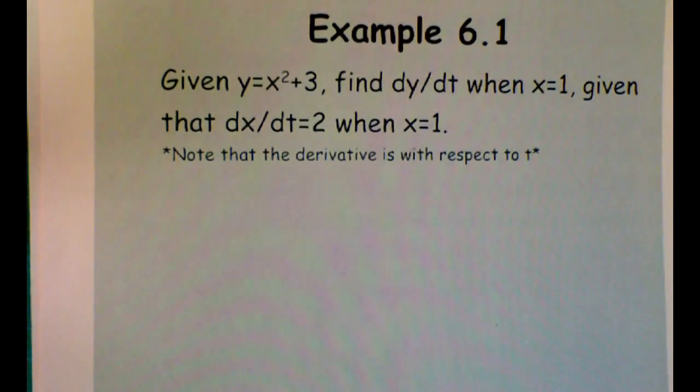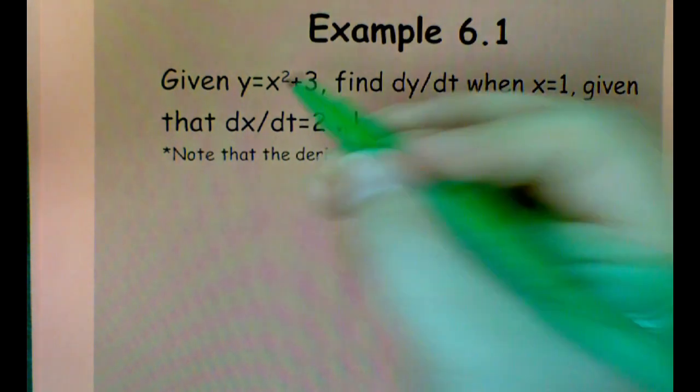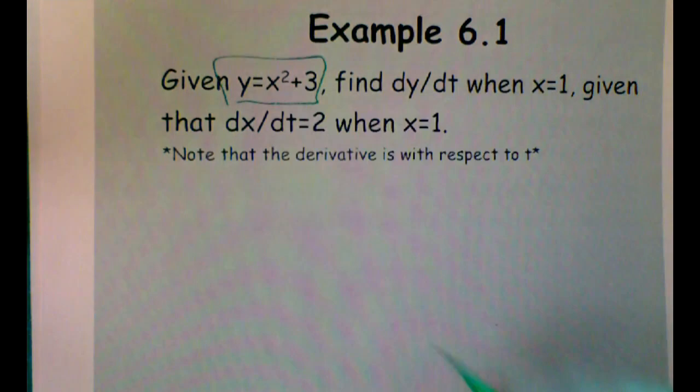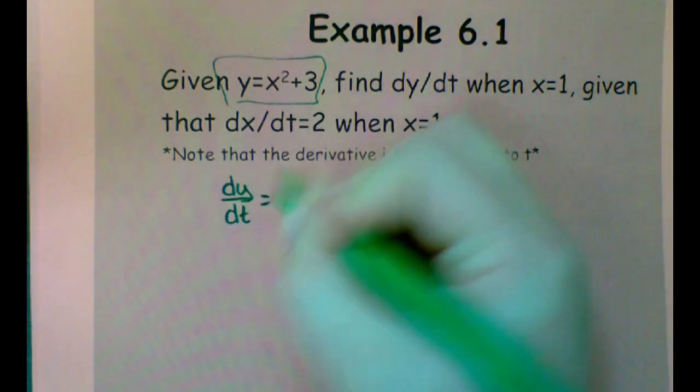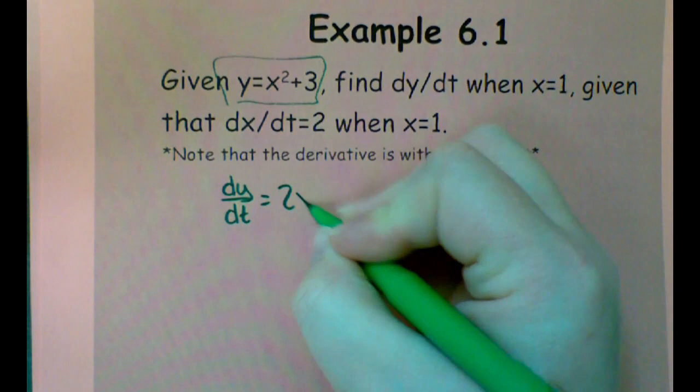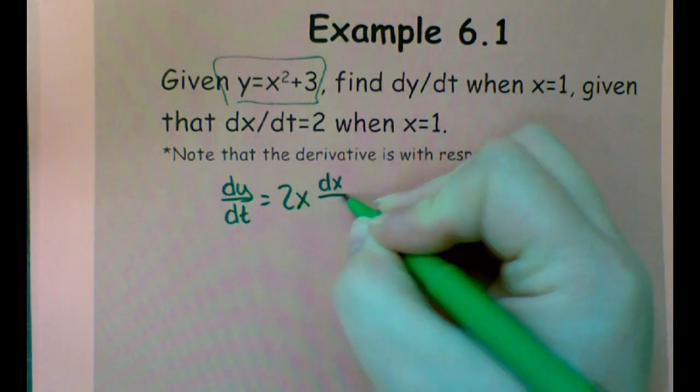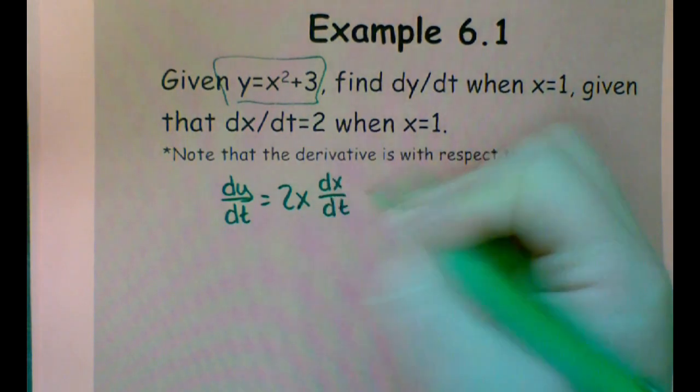So given that y equals x squared plus 3, find dy/dt when x equals 1, given that dx/dt equals 2 when x equals 1. Notice that this is asking for derivatives with respect to t, which is why we need to use implicit differentiation. So we implicitly differentiate this function. The derivative of y would be dy/dt equals the derivative of x squared, which is 2x dx/dt, plus the derivative of 3, which is 0.